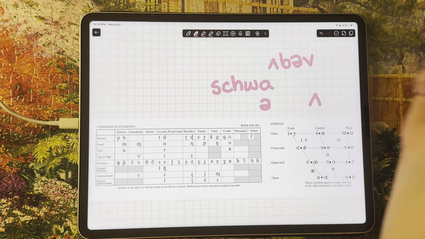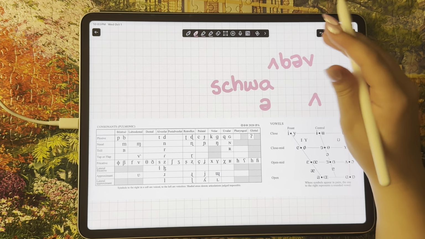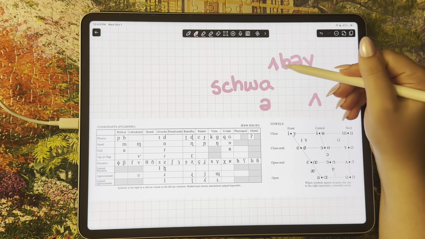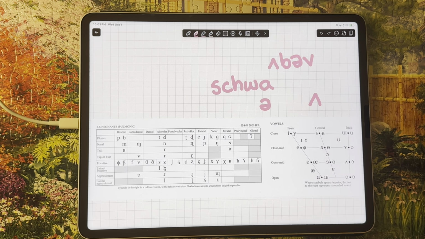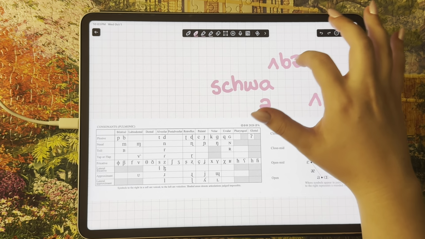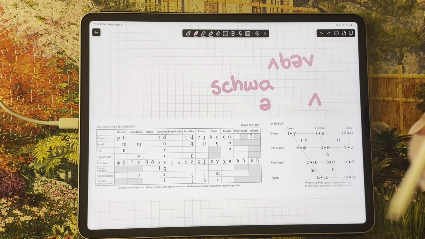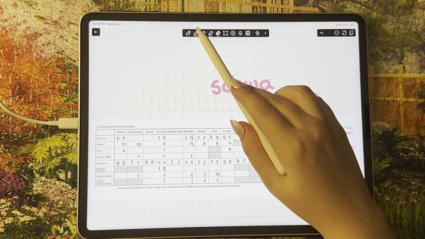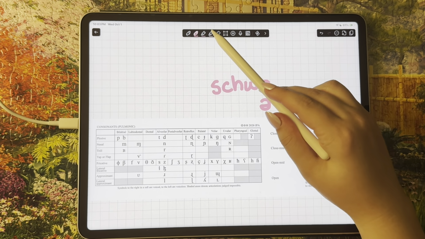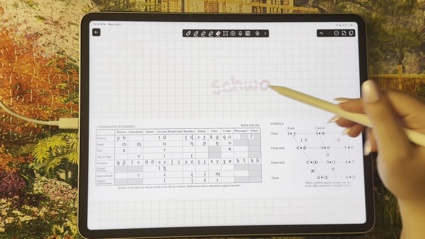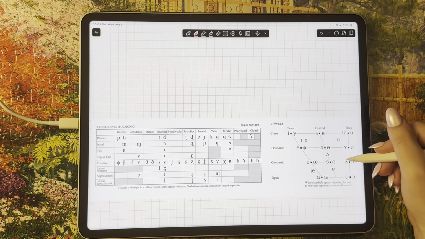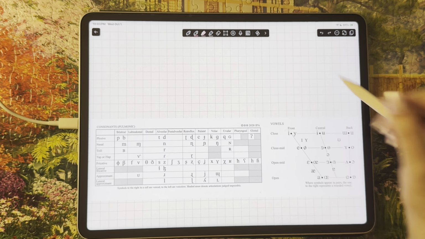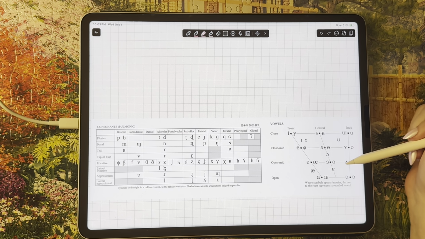This is how it would be written. Above. So yeah, that's schwa and caret. Oh, I see. Caret was right here. I just didn't see that.